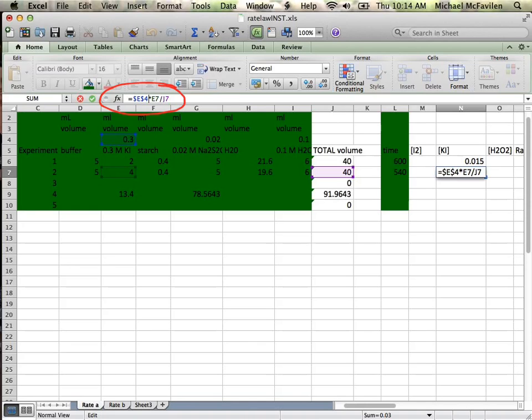So in this case, in that highlighting, what do we see? It's calculating E4, E7, and J7 in the calculation. So those things are now highlighted. We can see them. We know exactly what Excel is using to run the calculation. Kind of makes sense?